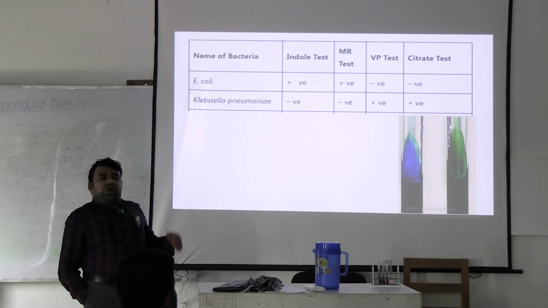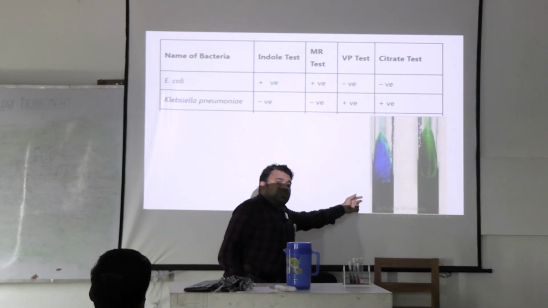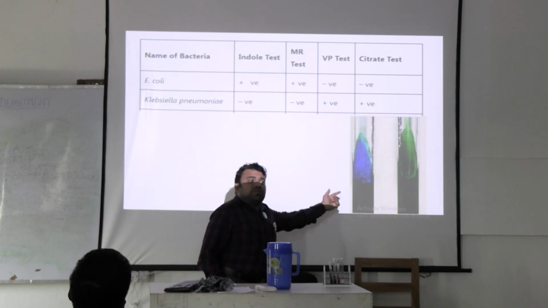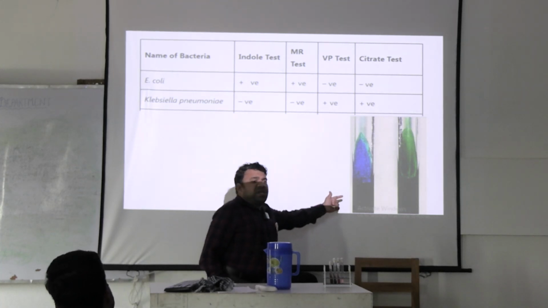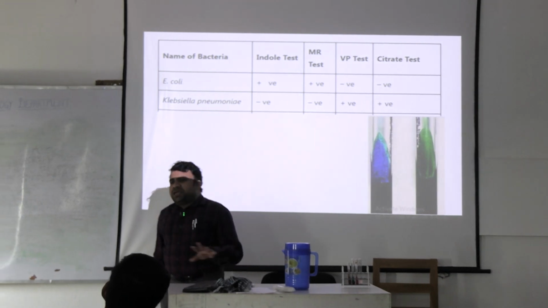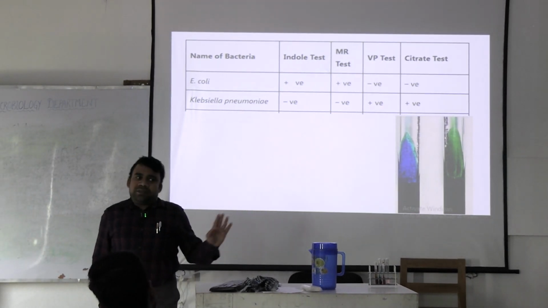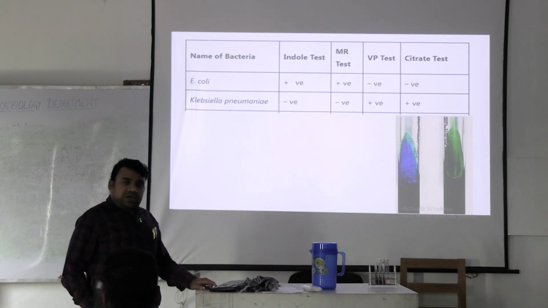Hence, when we do the test, we will say the citrate is utilized by Klebsiella, as evident by change in the pH and development of a bluish color. And in case of E. coli, citrate will not be utilized and the reaction will be negative, that is green in color.